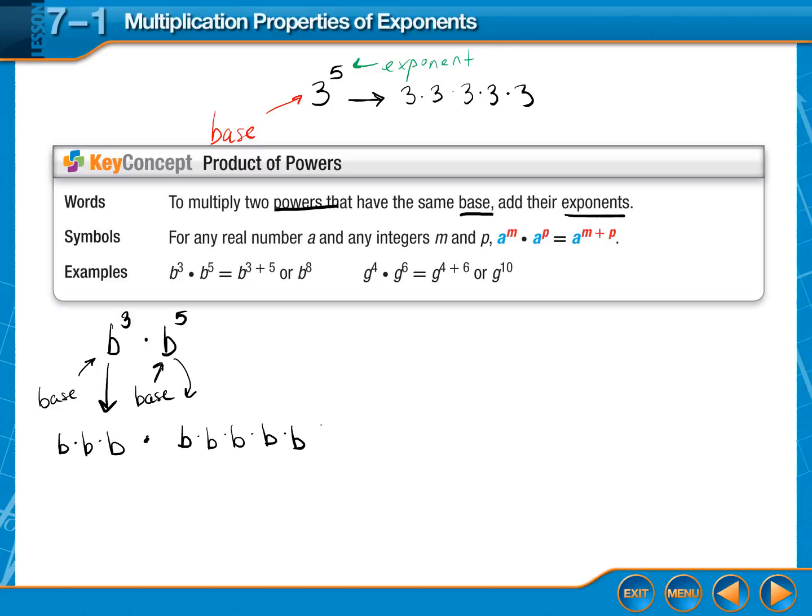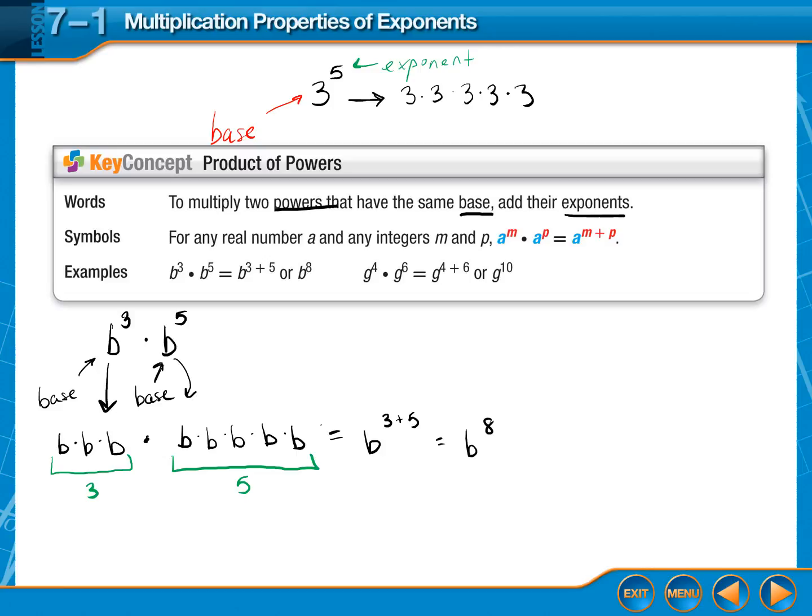Now what happens if I combine those two together? Over here I have 3, and here I have 5. If I want to rewrite this as a power, altogether how many b's do I have? I have 1, 2, 3, and then 5. So 3 and 5, if I add those together, I have a total of 8 b's.